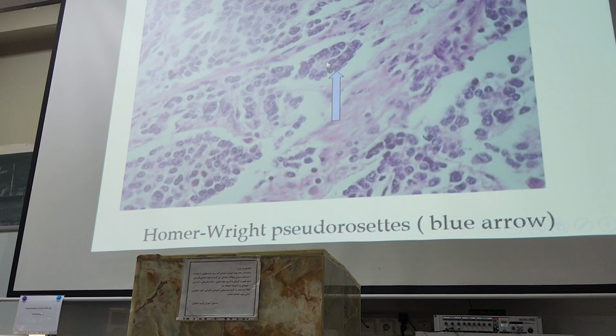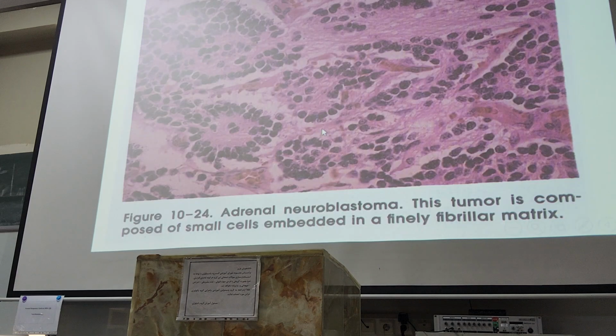In the central region of this rosette, you have neuropil, which is the cytoplasmic extension of neuroblasts. And these are tumor cells, neuroblasts here.